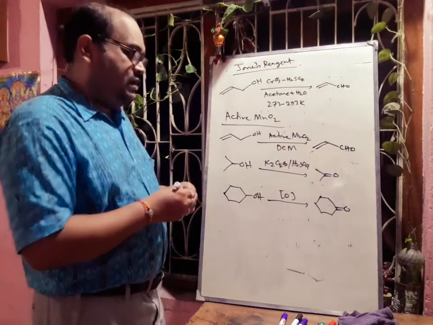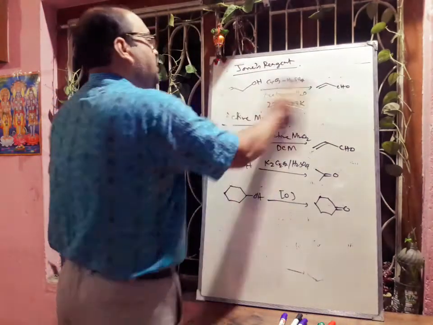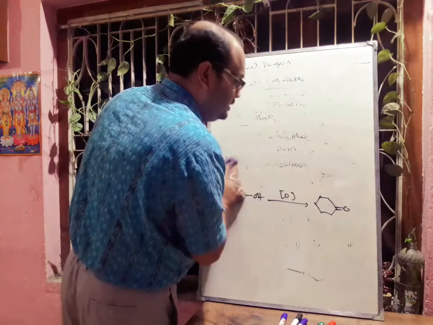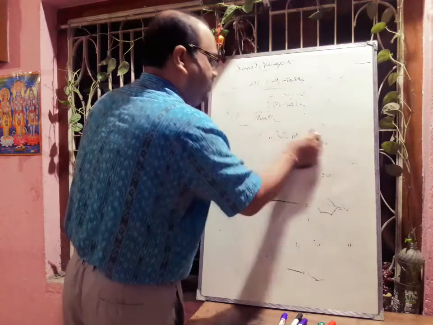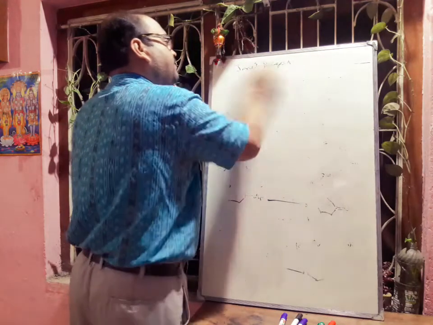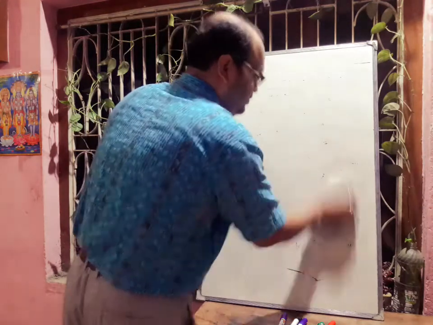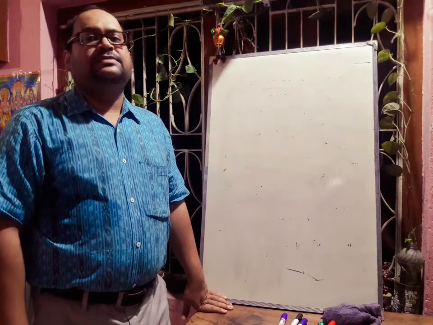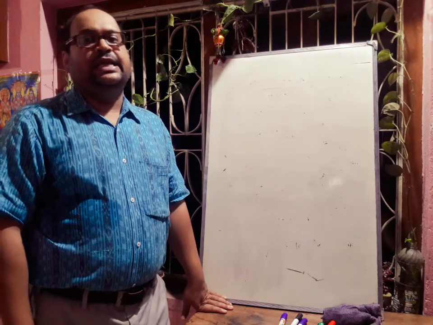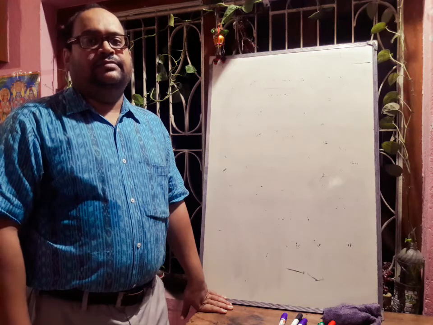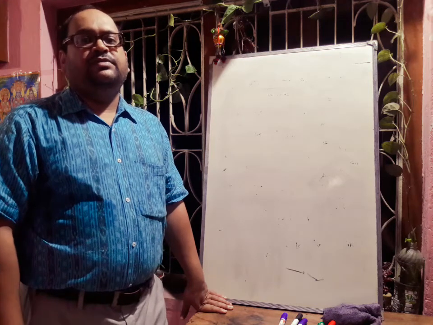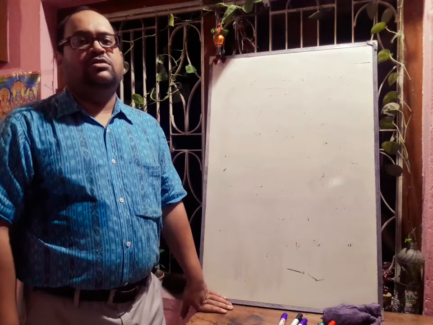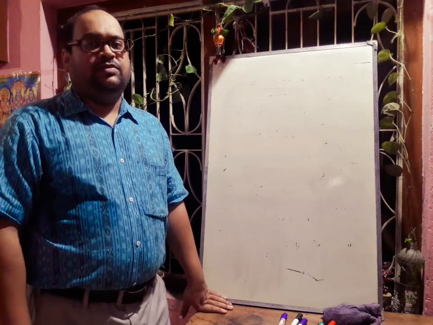Now one very important reaction is the Oppenauer oxidation. By this Oppenauer oxidation also we can produce ketone. This reaction involves a reversible reaction of a secondary alcohol and acetone in presence of aluminium isopropoxide, and the secondary alcohol is oxidized to ketone while acetone is reduced to isopropyl alcohol.